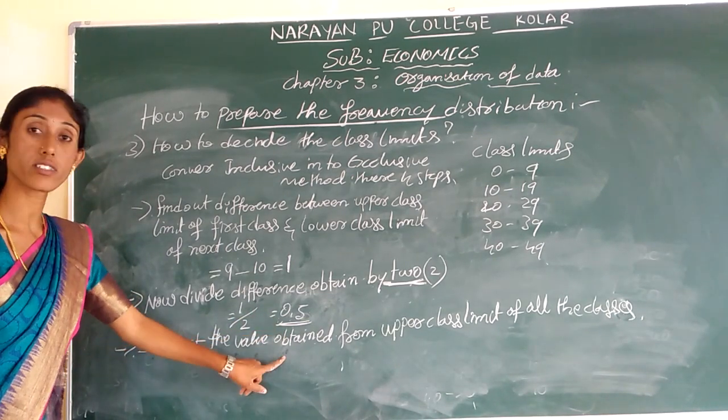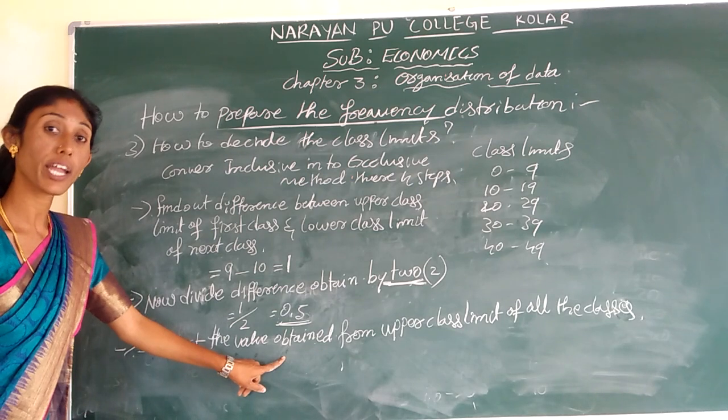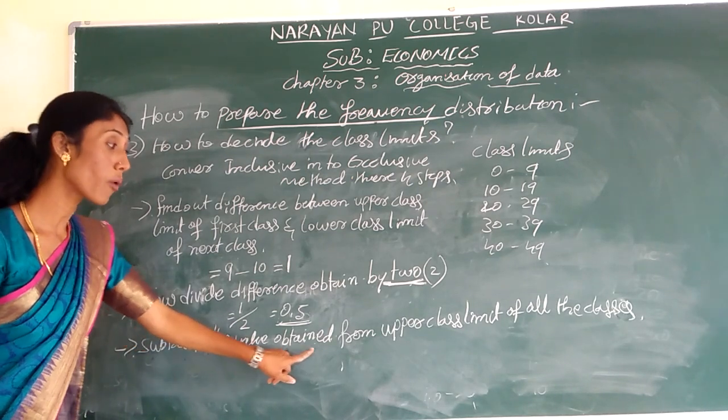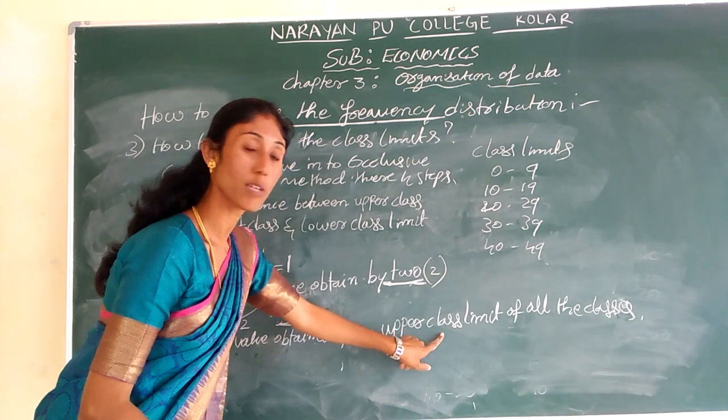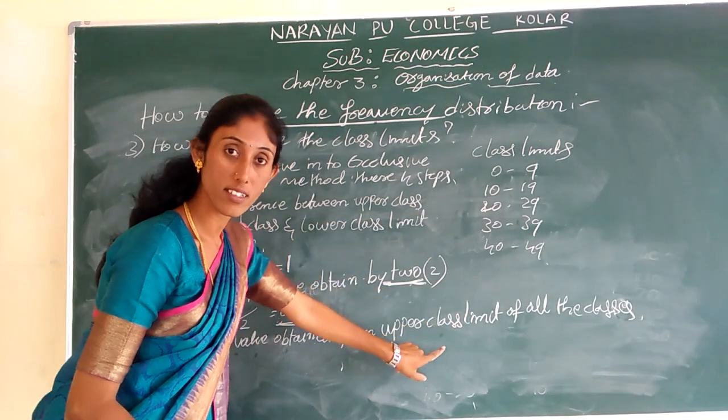From the second step, what is the value we got? 0.5. This 0.5 we need to subtract from the upper class limit of all these classes.